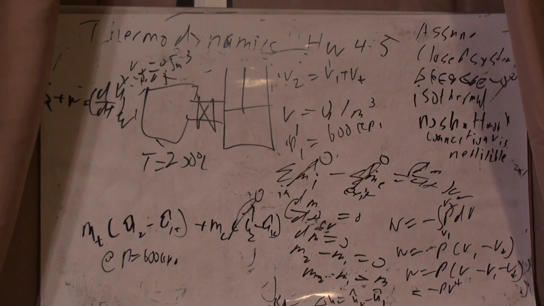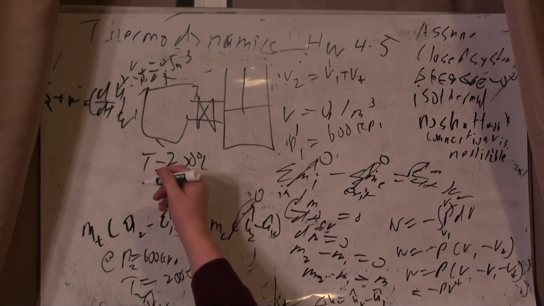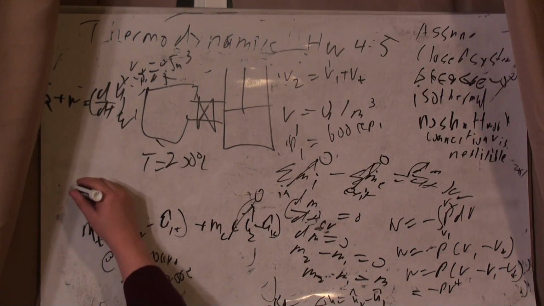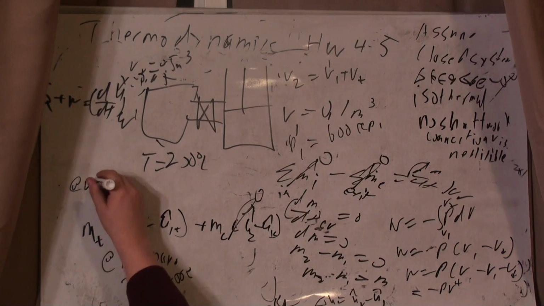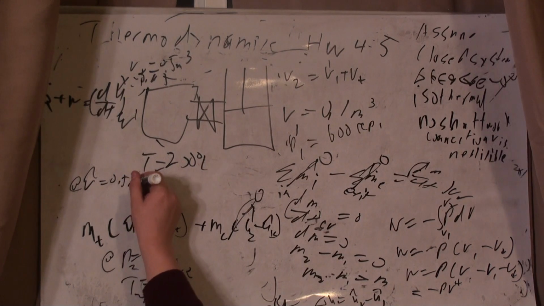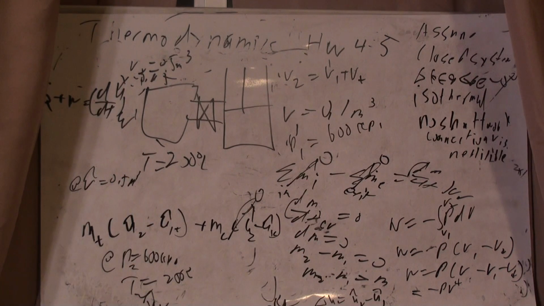That one I can get at P equals this, T equals 200 degrees Celsius, that's going to be U2. My mass total I can get from my initial condition, where the volume is 0.5 meters cubed. Do I have a mass? I don't have a mass.